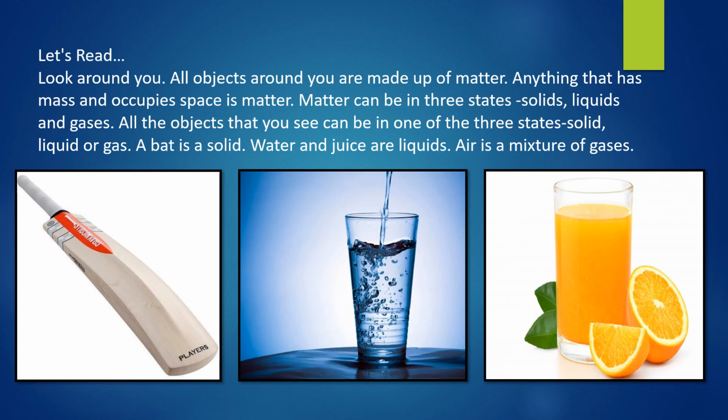A bed is a solid, water is a liquid, and juice is also a liquid. And air is a mixture of gases. There are different gases, for example oxygen, carbon dioxide, nitrogen, etc. So these are the mixture of gases. Next, let us learn about the states of matter, meaning forms of different things.